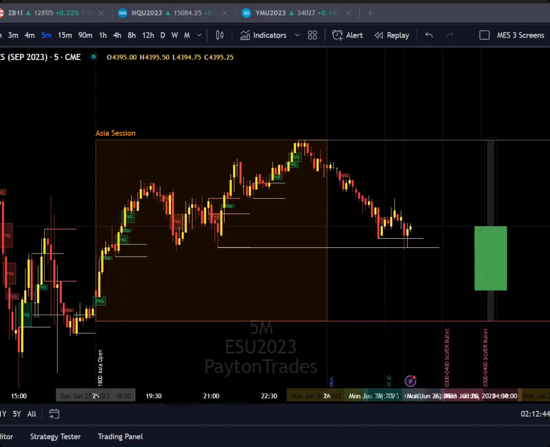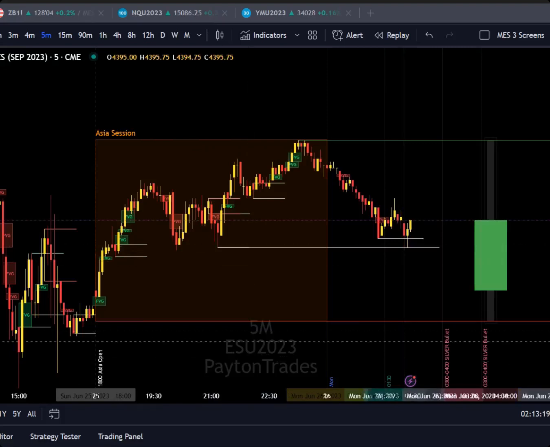What I usually have on another screen is my hour and 4-hour chart, which is here. I have so much price here. So this is my hour chart on the right, 4-hour on the left. And as you can see, price is moving down.